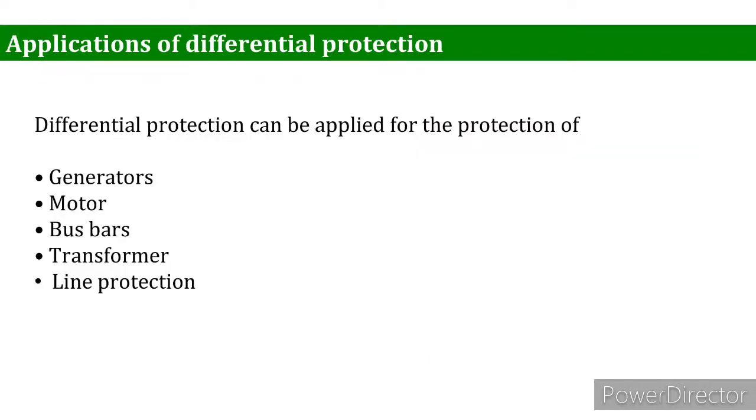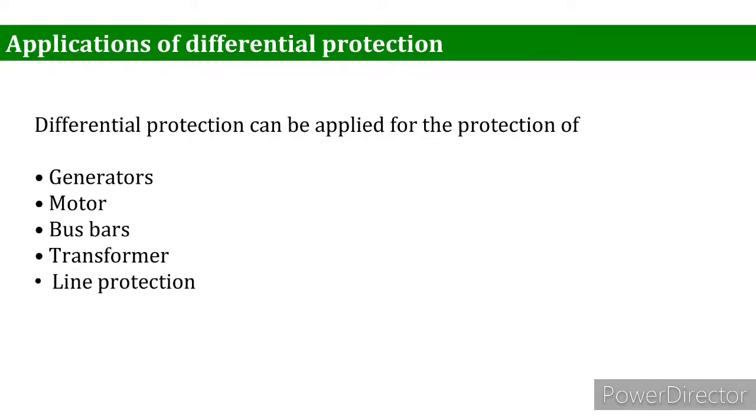Well, the application of differential protection is very vast. Differential protection can be applied for the protection of generators, motors, bus bars, transformers, and line protection, but specifically in the case of alternators, motors, and transformers, or those devices that contain windings, differential protection is widely used.